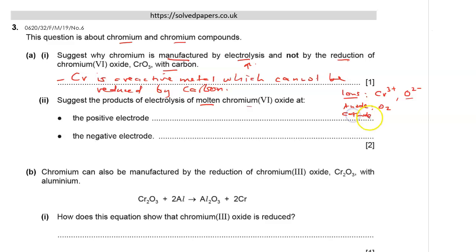At the cathode, chromium will be discharged. So the positive electrode, the anode, will have oxygen discharged. The products of electrolysis will be oxygen gas, and then at the negative electrode, the chromium metal will be discharged. Chromium will be discharged right there.